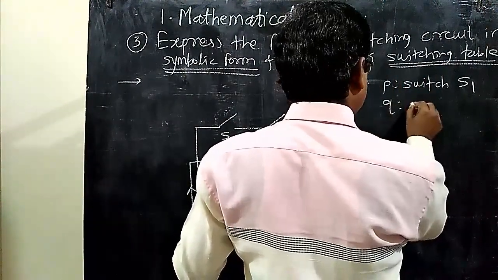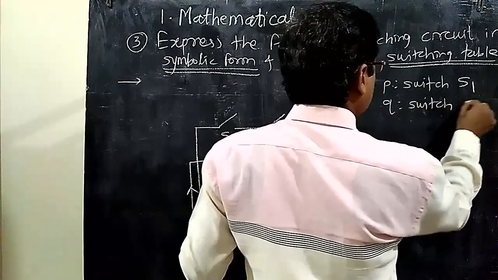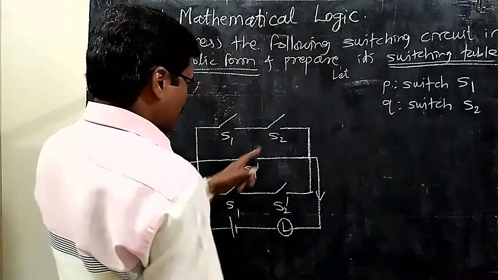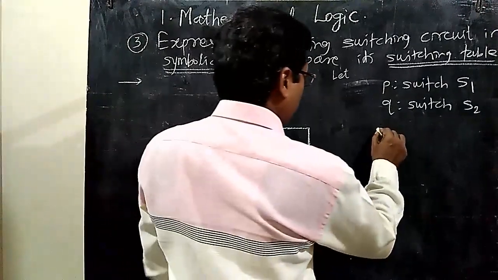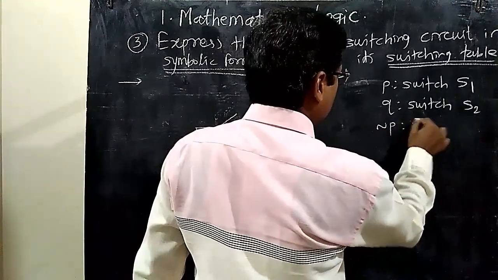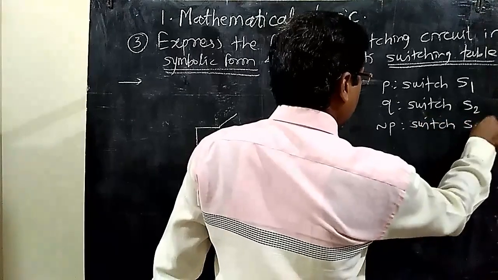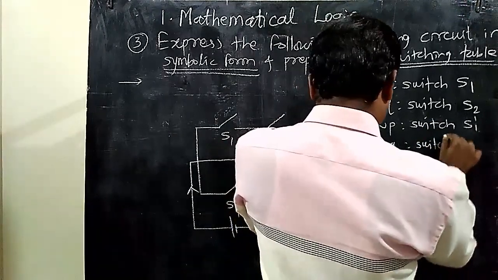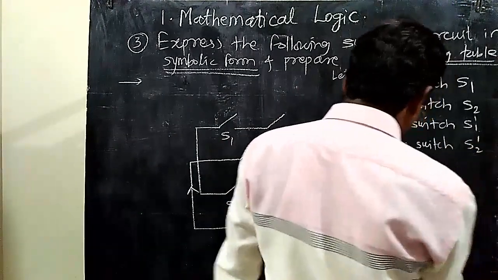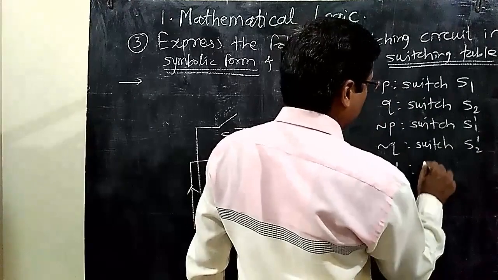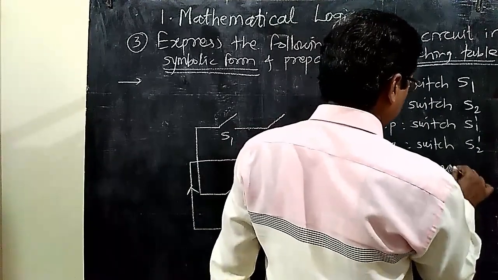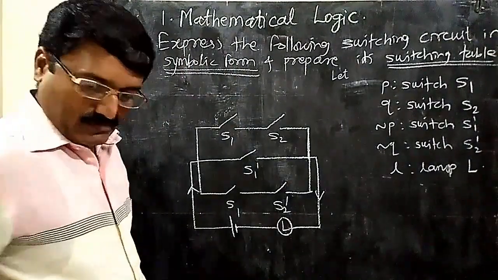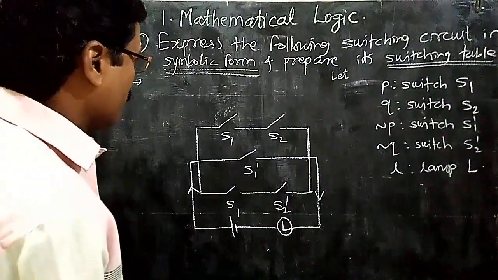Then Q denotes switch S2 is on or closed. Here we have only 2 switches, but their negations are given. That's why we write negation P for switch S1 dash, negation of Q for switch S2 dash, and L for lamp, that is, lamp L glows or lamp L is on.